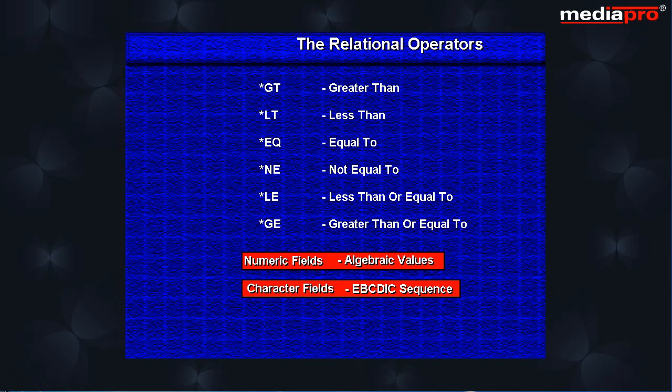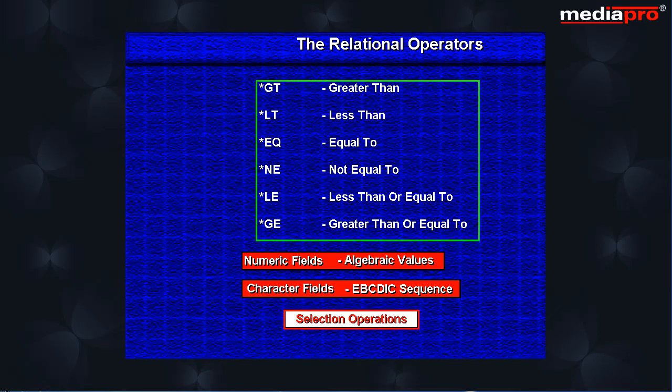When character values are being compared, the system uses the EBCDIC collating sequence and compares character by character starting from the left. These relational operators are used along with the selection operations to specify flow of control within a program.